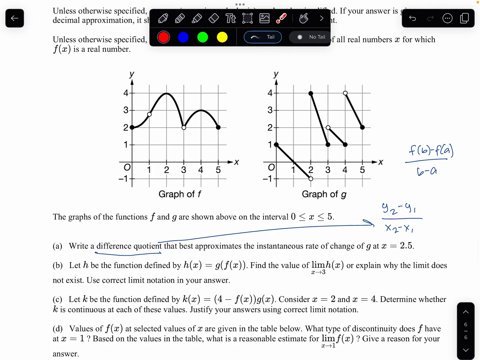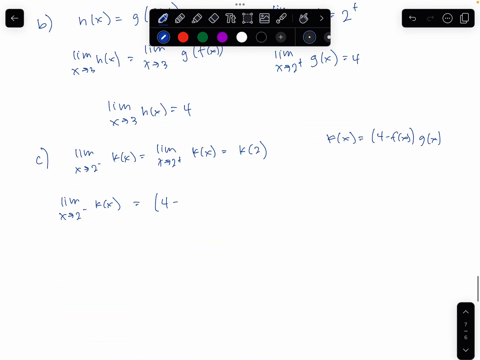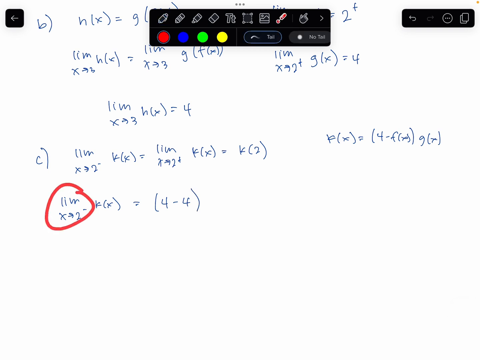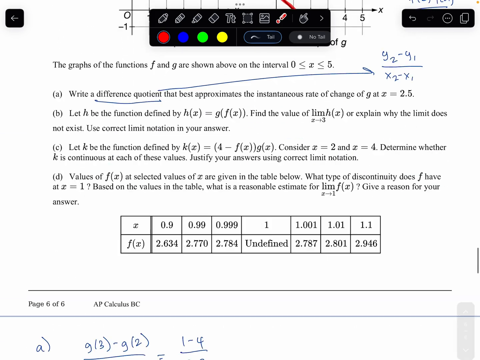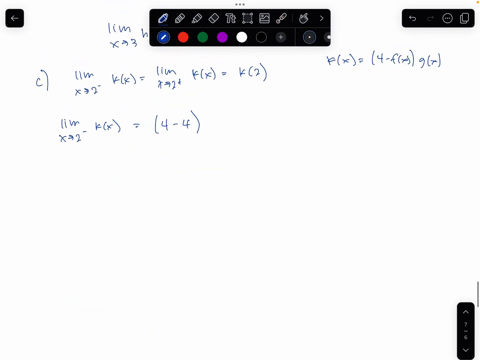The limit as x approaches 2 from the left or from the right is going to be 4. So 4 minus 4. Honestly, at this point, it's not even worth checking the limit as x approaches 2 from the left of g of x, which is -1, but it doesn't matter because this is just going to be 0.